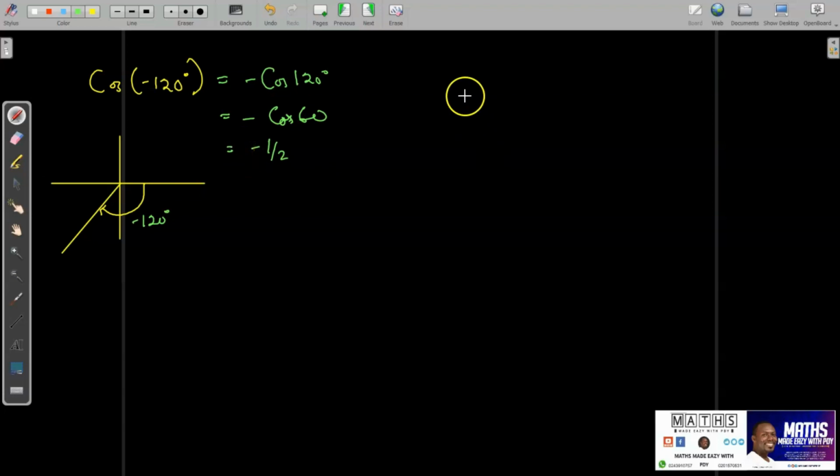Yes, sir. The next one, sine of negative 120 degrees. First, cos is also negative in the third quadrant, so won't it become positive instead? Can you take it again? Your line was breaking, so I wasn't getting the question.